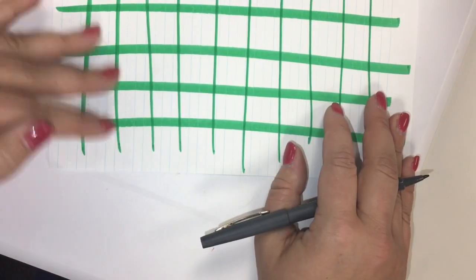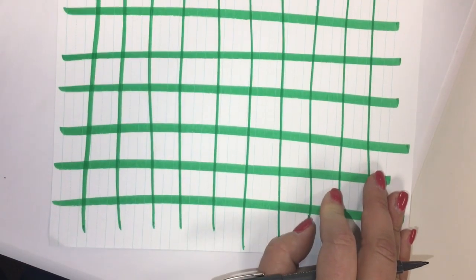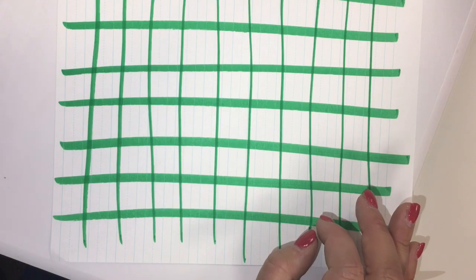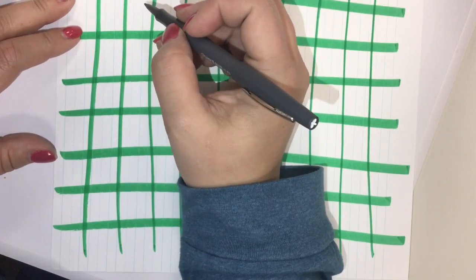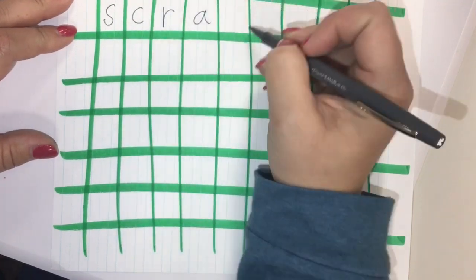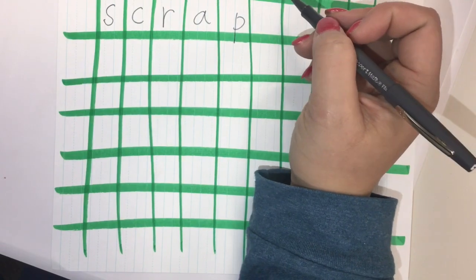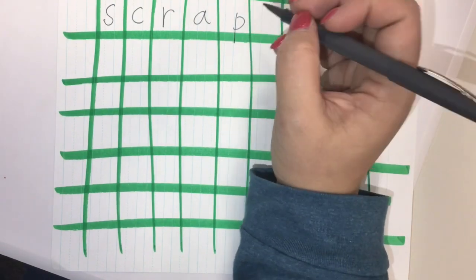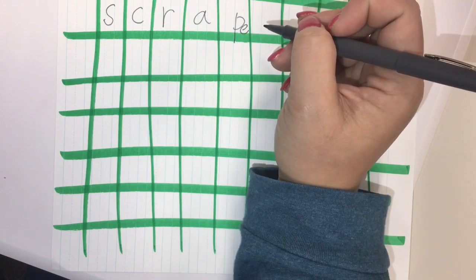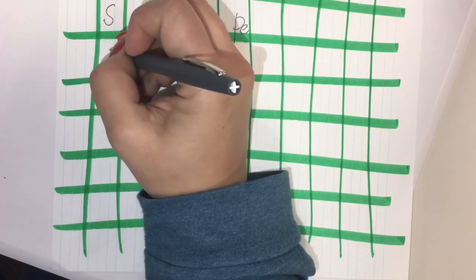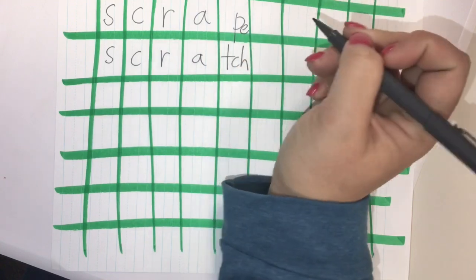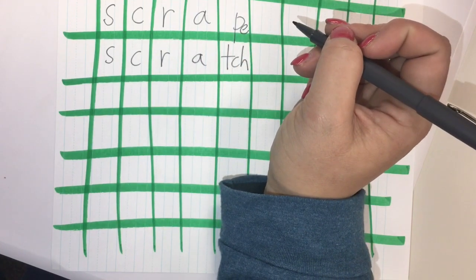So if I was doing SCR and I was doing the word scrap, then I would say SCR. Every sound would have a box. If the word was scrape, it would be the exact same, except I would add that silent E like we've done before. If I were to do scratch, then the TCH would all be in one box like we did last week.